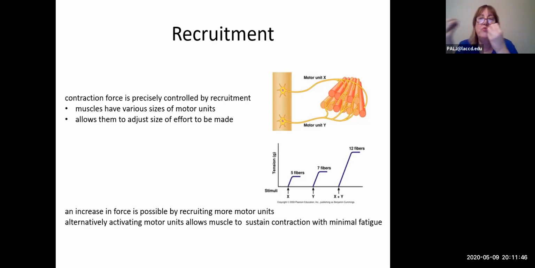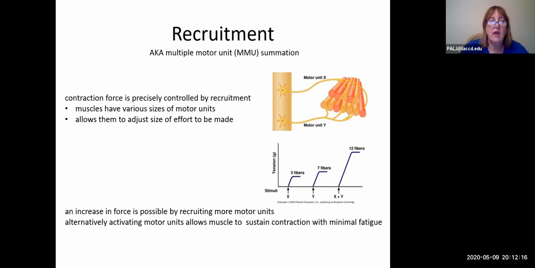This goes back to that shift work we talked about before, so we can sustain the contraction with minimal fatigue. This is showing stimulus X, which only stimulates 5 fibers. Stimulus Y stimulates 7 fibers. But if we activate both of these motor units, then we would have 12 fibers being stimulated, giving us greater tension.